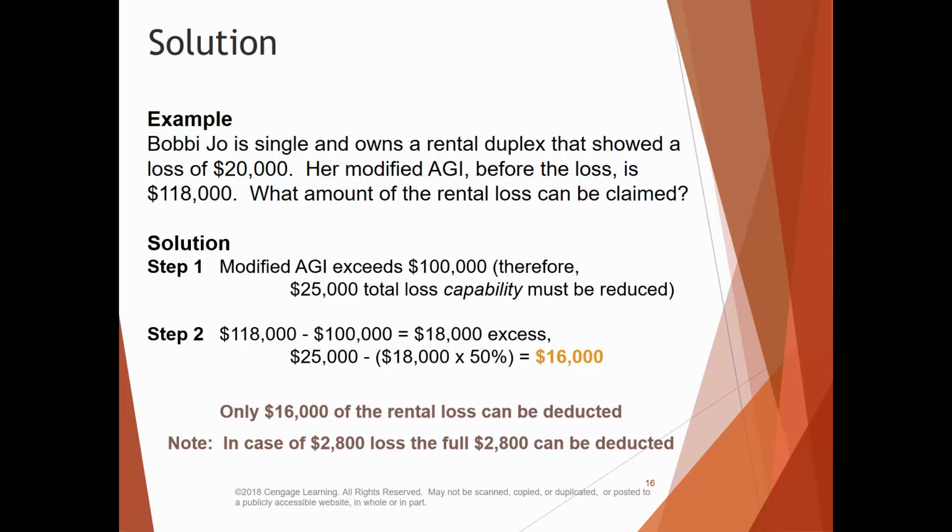So the first thing you do is you net all their rentals. So what did they have? 17.2.